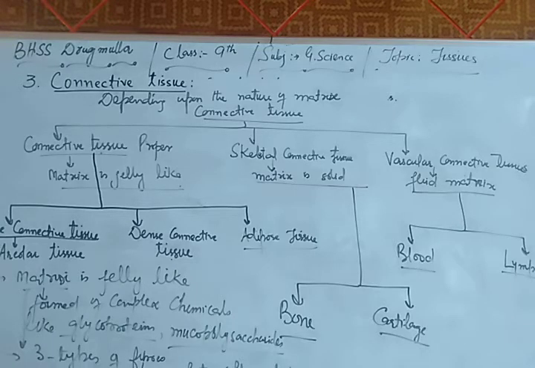These are the three types of fibers that are present in the matrix of this loose connective tissue. White collagen fibers. Second is the yellow elastin fibers. And third is the reticular fibers. These are the three types of fibers that are present in this matrix.